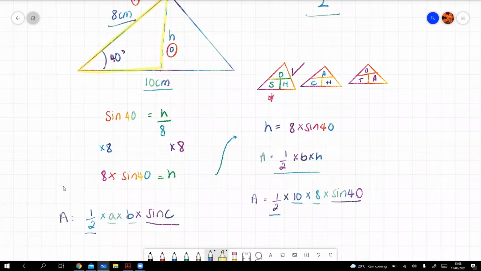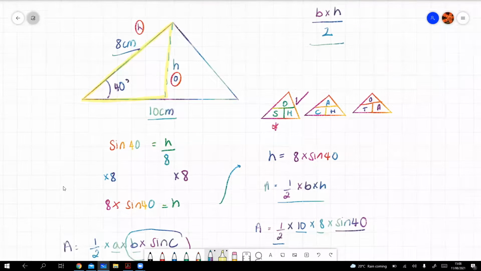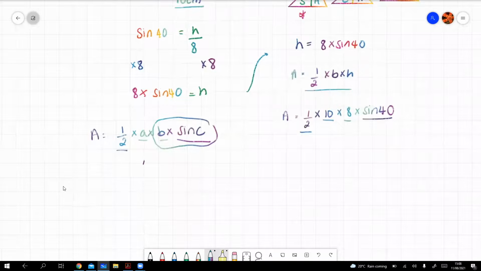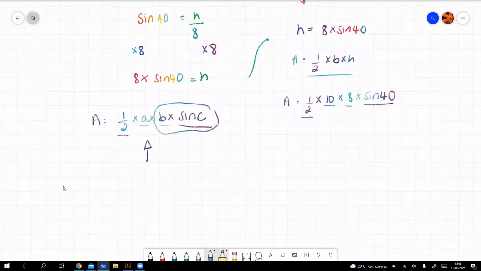Because we need to know the height, to use base times height divided by 2. So we're still technically using base times height divided by 2, but the B times sine C actually comes from the trigonometry bit, because we're going to have to use trigonometry to work out the height. So this here is the formula for area of a triangle, which we will be using.